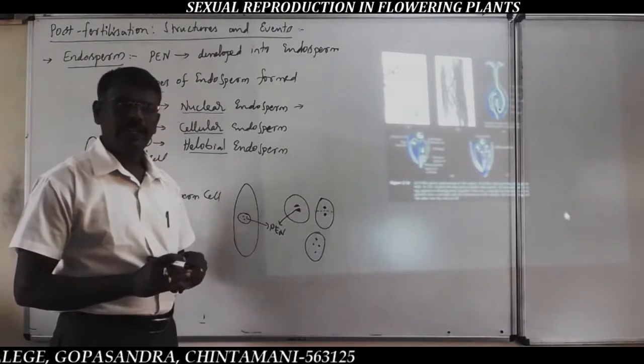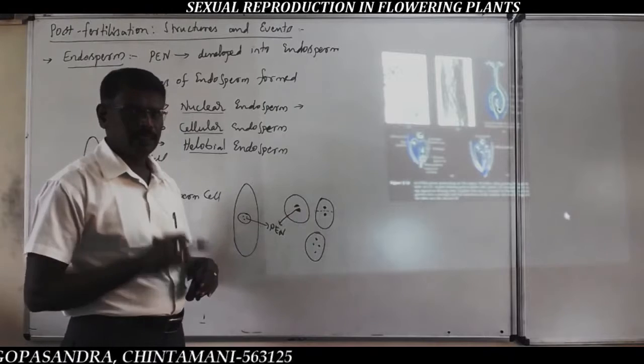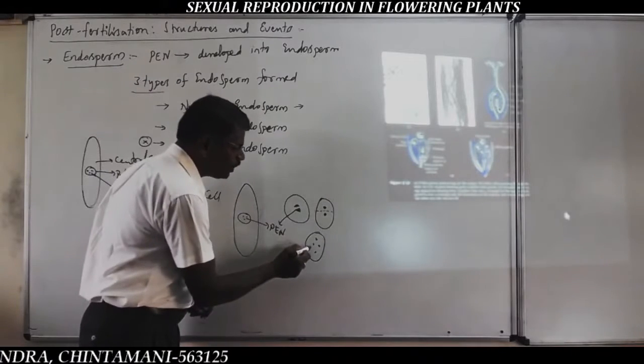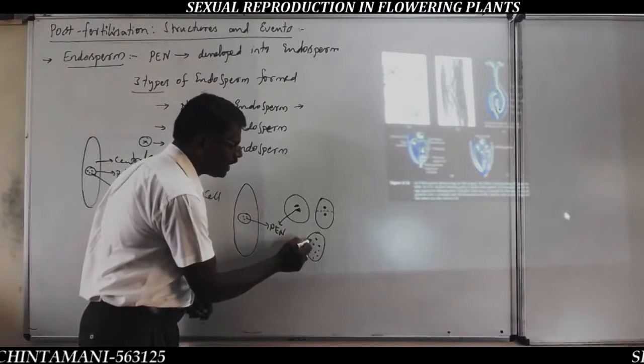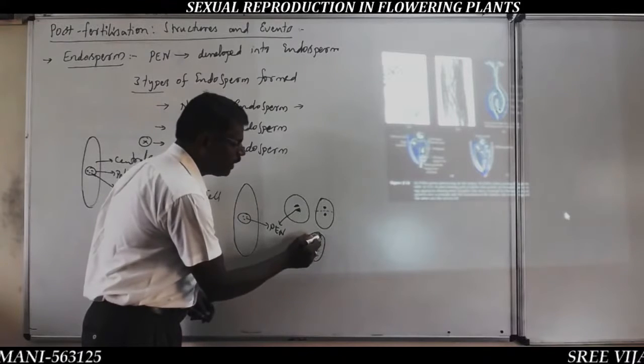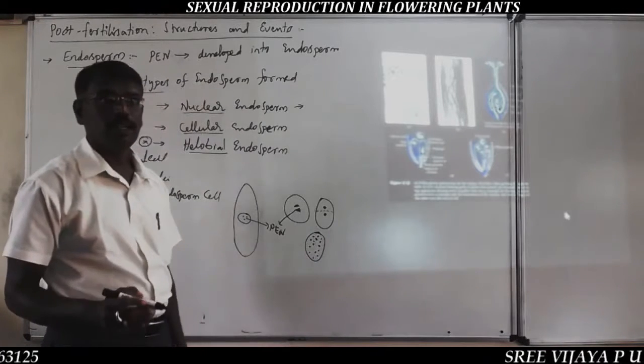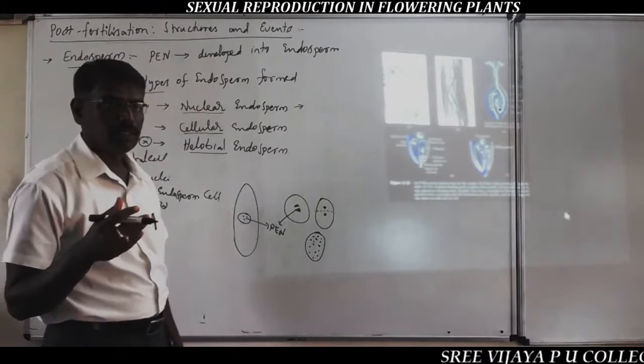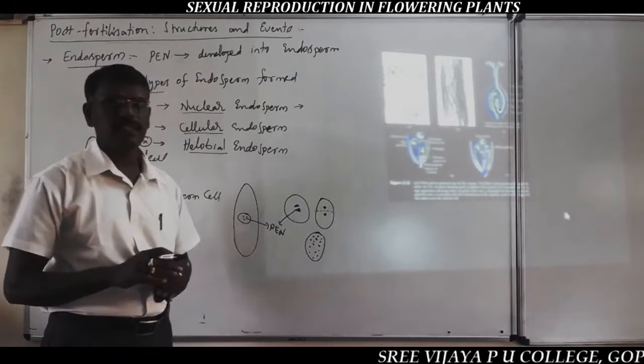Here the endosperm is multinucleated, with no cross walls, but the nuclei divide to form thousands of nuclei in the endosperm.